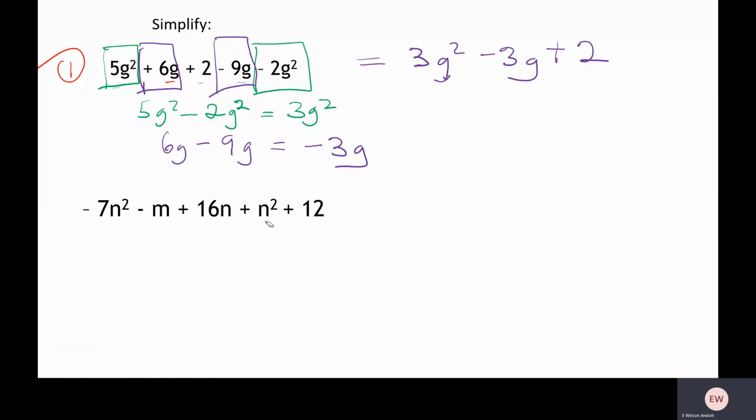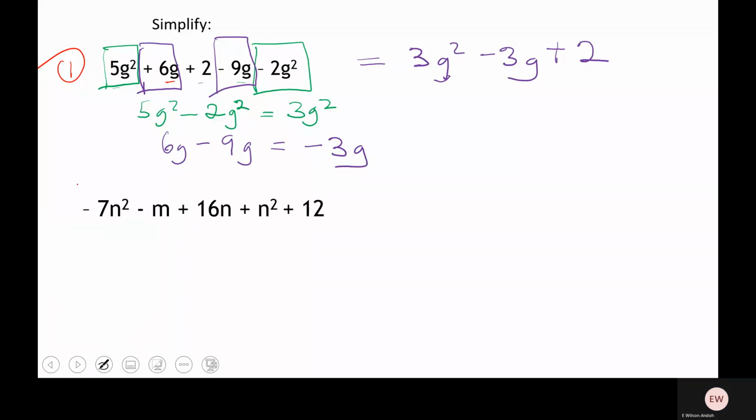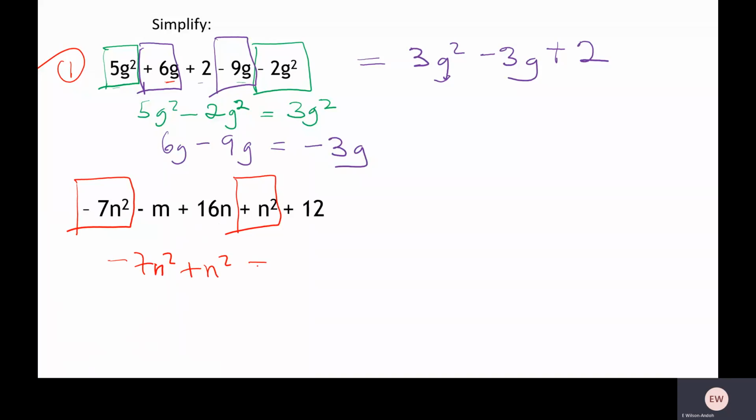So the first term and the third term are not like terms. When we come to the fourth term, the power of n is 2. So we have the first term and the fourth term to be like terms. So we are going to have minus 7n squared plus n squared, which will give us minus 6n squared.